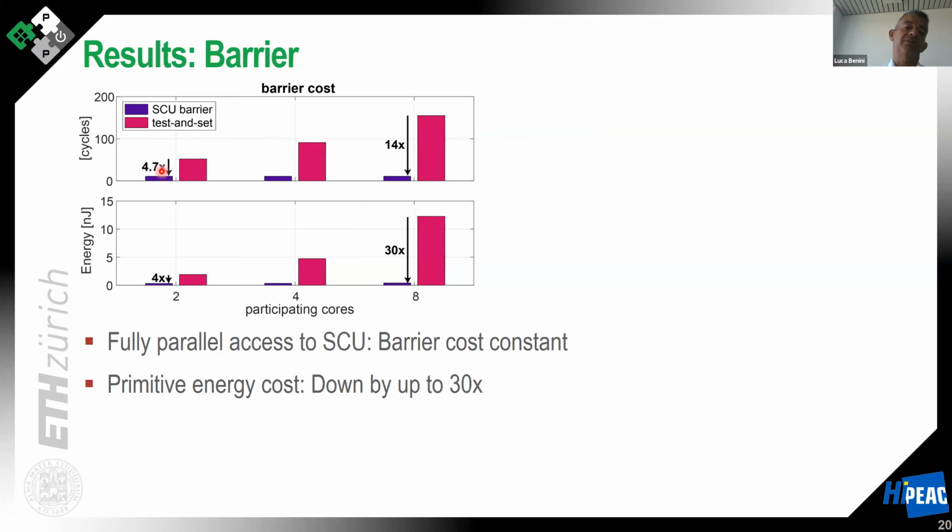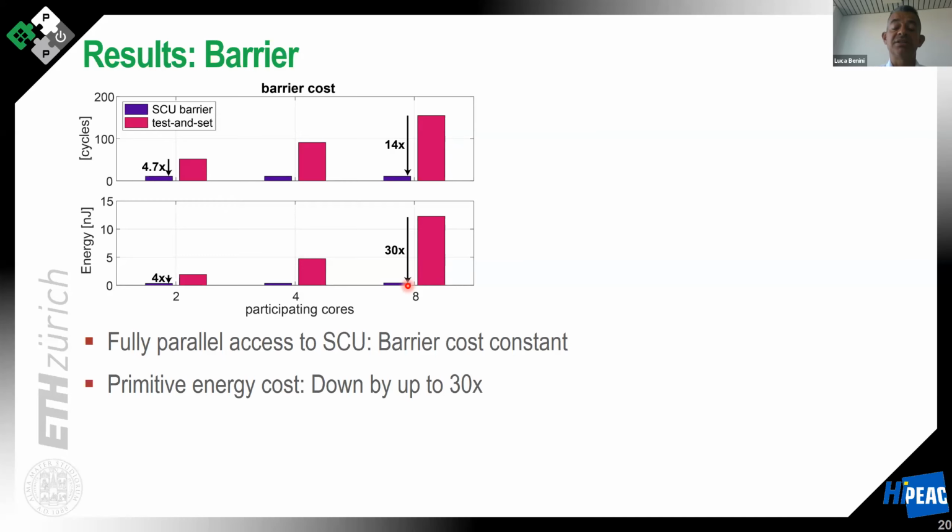So you see that not only the number of cycles is lower, but the energy is much better, especially when you start having several cores that synchronize, so they will pollute their own, and they will have a lot of waiting and a lot of contention for waiting. So you see almost 2 orders of magnitude improvement in energy efficiency.